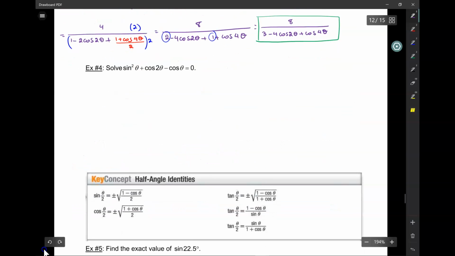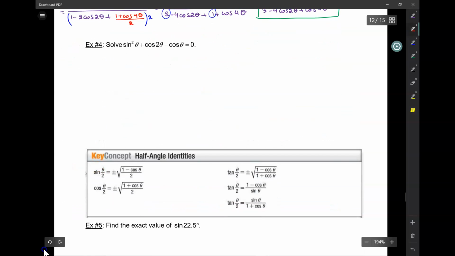So sine squared theta is 1 minus cosine 2 theta over 2. And then I have plus cosine 2 theta minus cosine theta equal to 0.